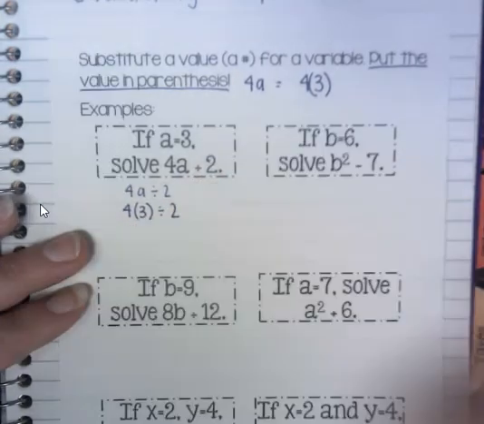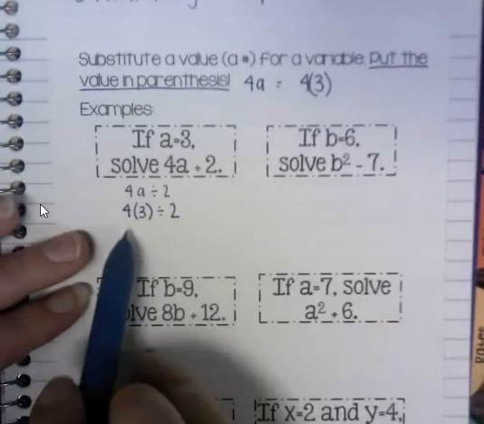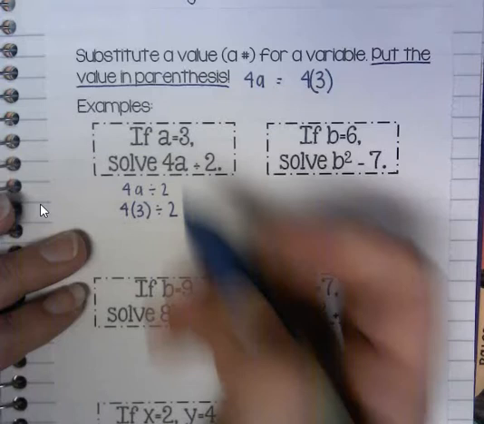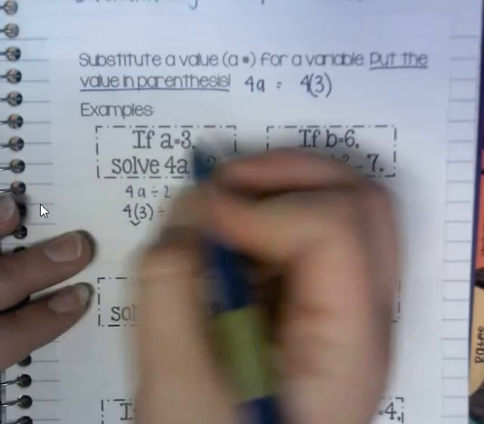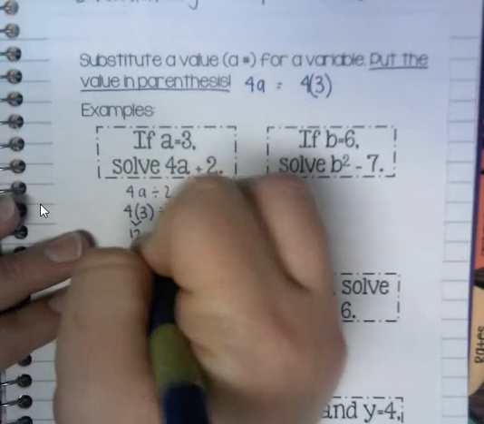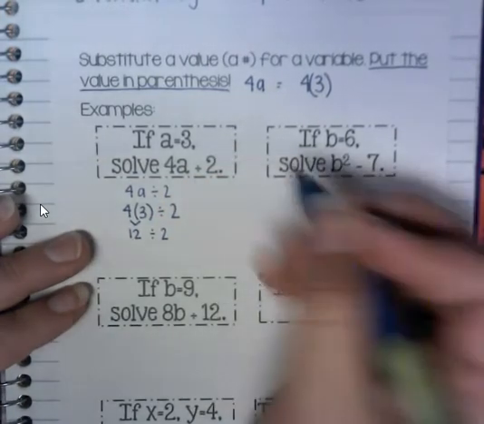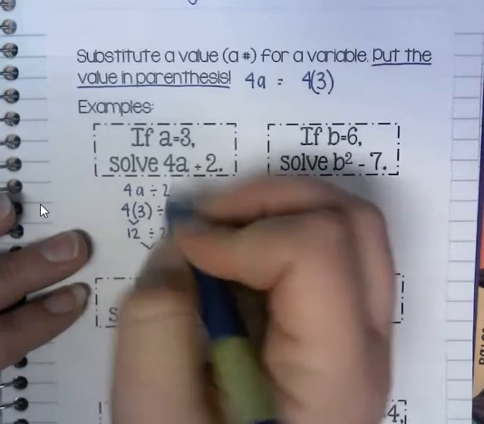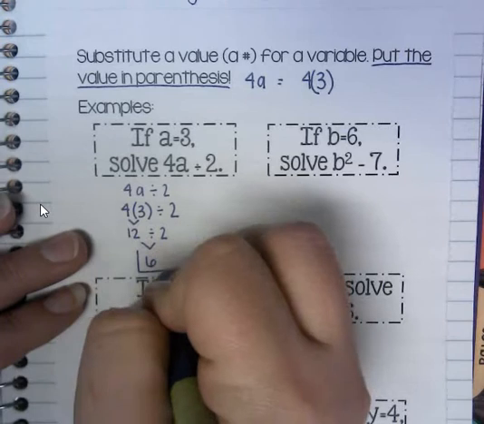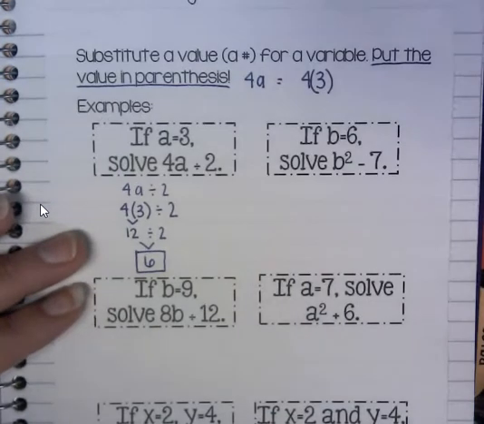It's just like order of operations now. We're going to multiply before we divide. 4 times 3 is 12. Bring everything else down. 12 divided by 2 is 6. Make sure you circle your answer or box it in or make it a cloud.